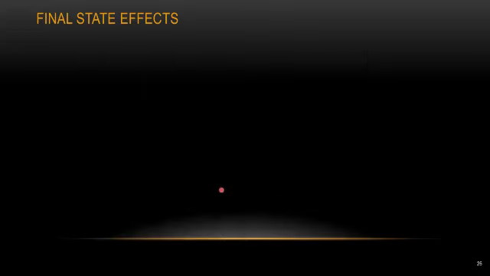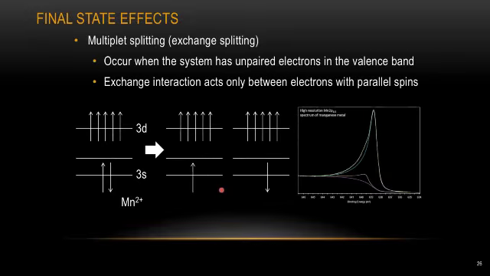The next final state effect is called multiplet splitting, also known as exchange splitting. This mostly happens when the system has an unpaired electron in the valence band, so the exchange interaction will act only between electrons with a parallel spin. The picture down here is an example using manganese oxide, Mn2+. In the original system, we have 5 electrons in the 3d shell, and we have a paired electron in the 3s shell. When we do the XPS measurement, we knock out one electron from the 3s shell.